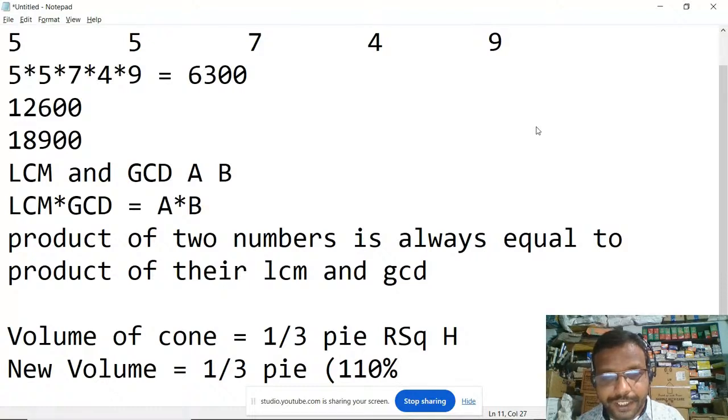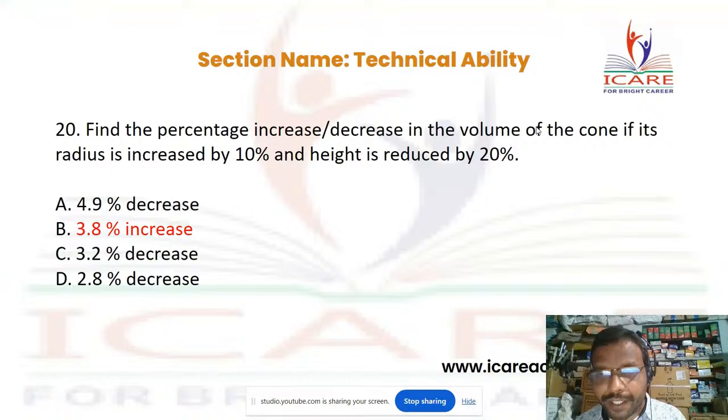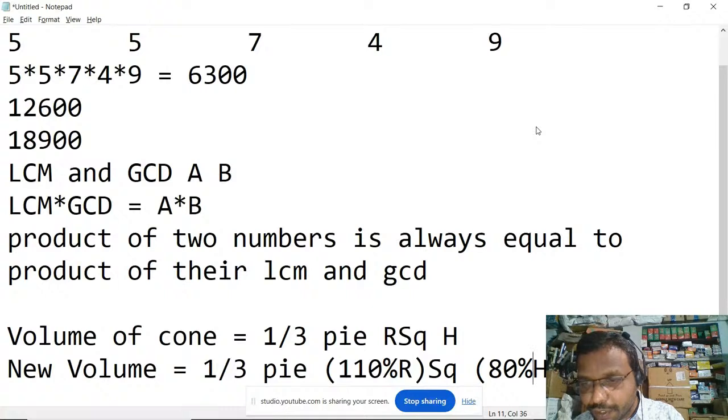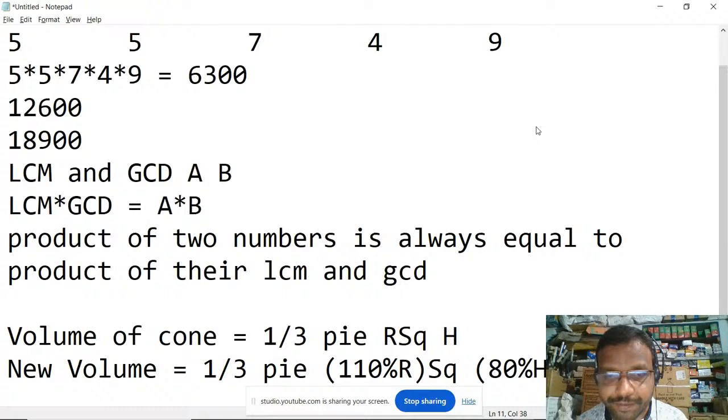If it is increasing by 10%, the new radius should be 110% of r square, and the height is 100%. If it is reducing by 20%, the remaining 80% is left. Got it? So this is a new height and a new radius.